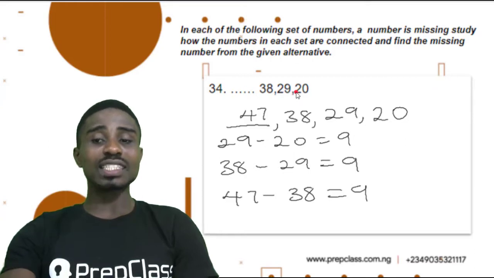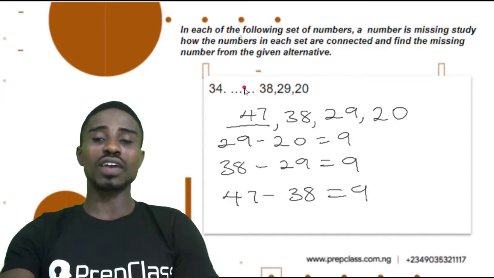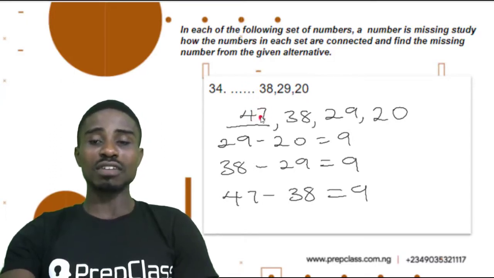It is definitely 9. So from my right hand side to my left, it's a count of increase by 9. 20 plus 9 is 29, plus 9 is 38, plus 9 will give us our correct answer, and that will be 47. So 47 minus 9 is 38, 38 minus 9 is 29, 29 minus 9 is 20.